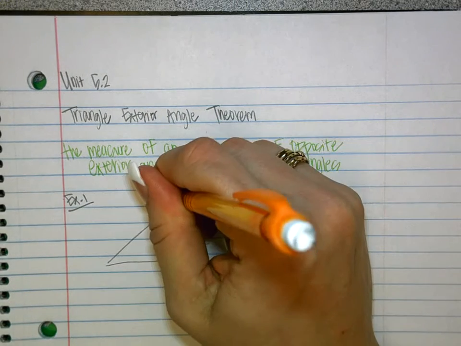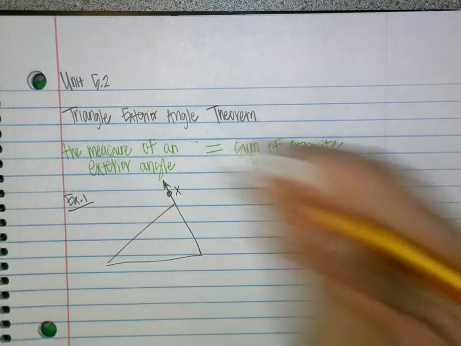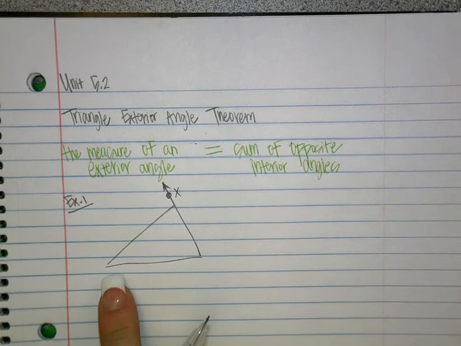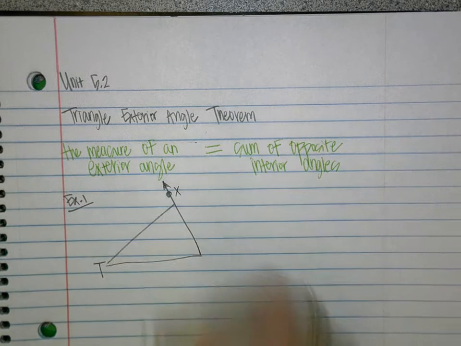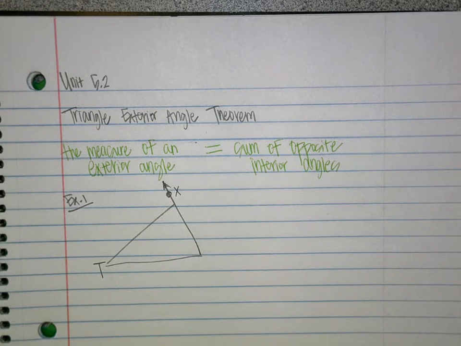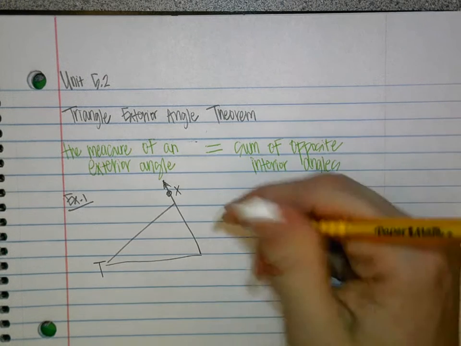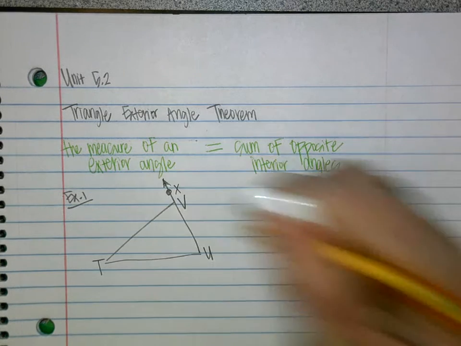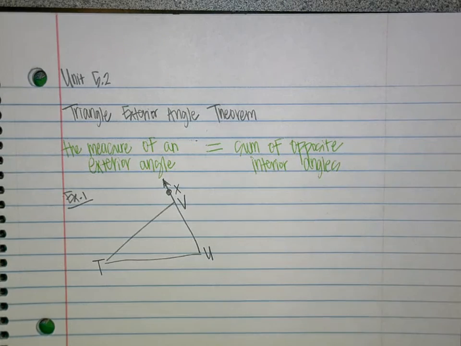So I'm going to put a point out here, and I'm going to label it X. And then I'm going to label my triangle. On the left is point T. On the right is point U. And up at the top is point V. So I gave my triangle a name.